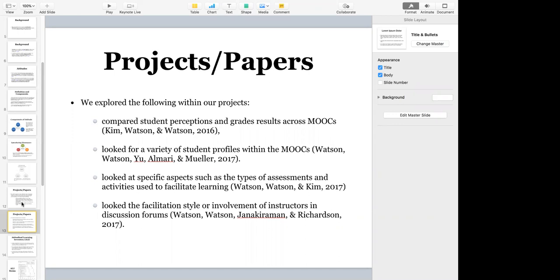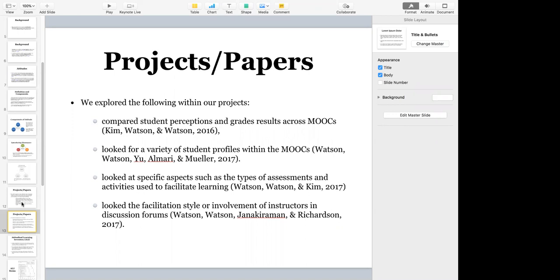Also, we looked at specific aspects within the course, such as different activities, different assessments, and different learning materials that were given to the students, and how the students were facilitating their learning.